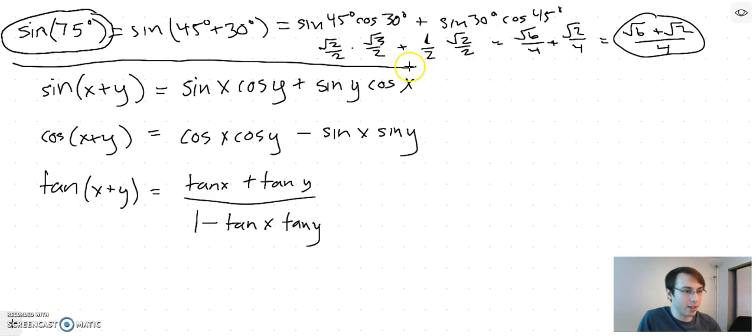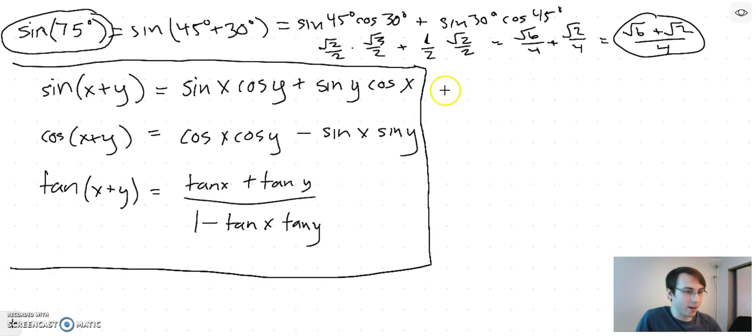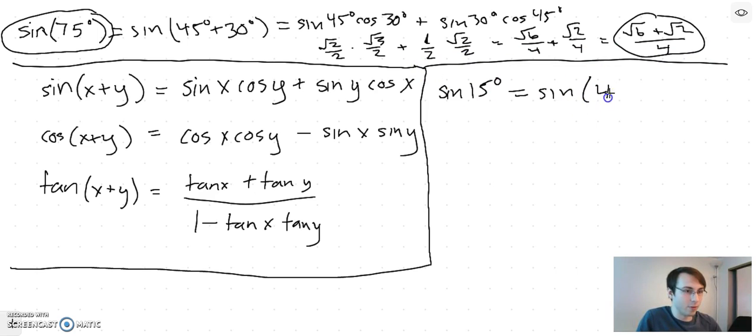That's how you find it. If you wanted to find sine of 15 degrees, you could say that's sine of 45 degrees minus 30 degrees. It's the same kind of process, except now this becomes negative 30.